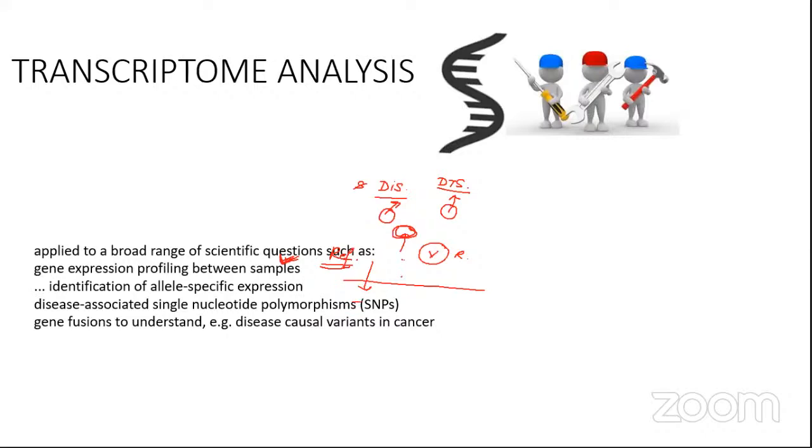In this case, suppose my reference is like this, and I have one gene expression mRNA read like this. So I know this sequence. When I align it to my reference, I know in my reference what the nucleotide sequence is.